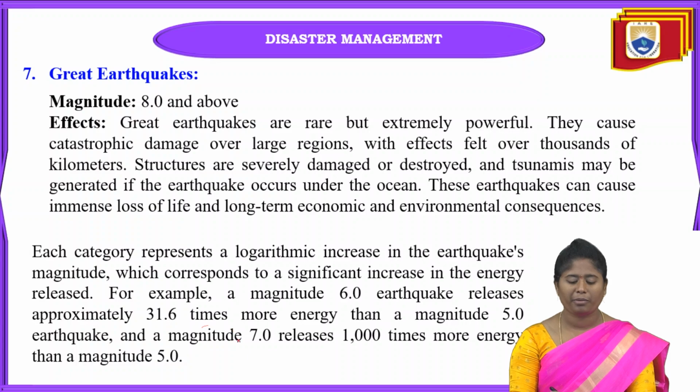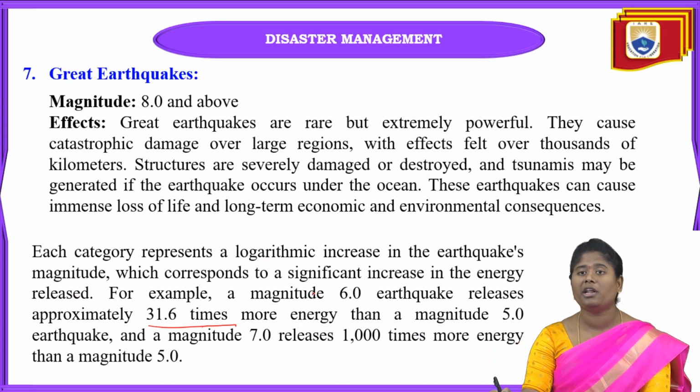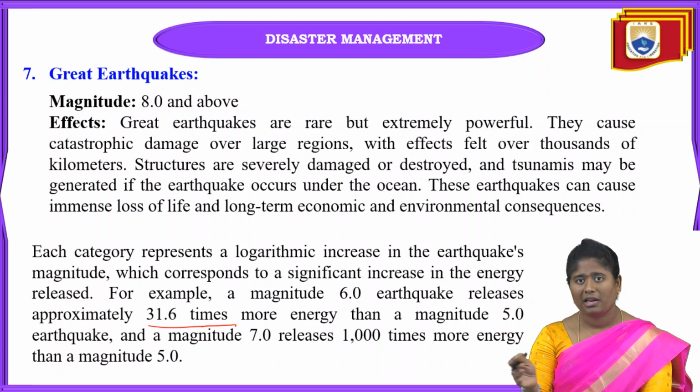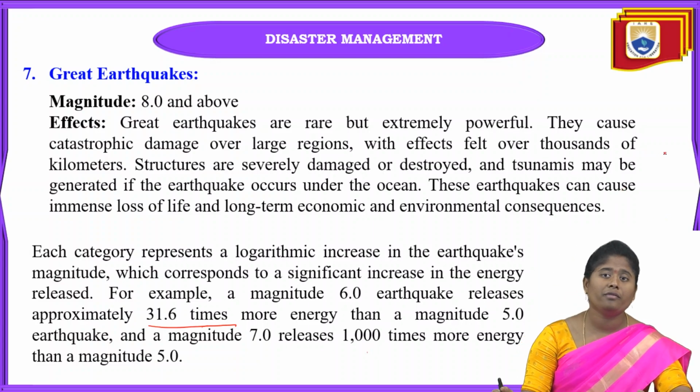For example, if the magnitude of an earthquake is 6, it will release almost 31 times more energy than a magnitude of 5. A magnitude 7 earthquake releases 1000 times more energy than a magnitude 5.